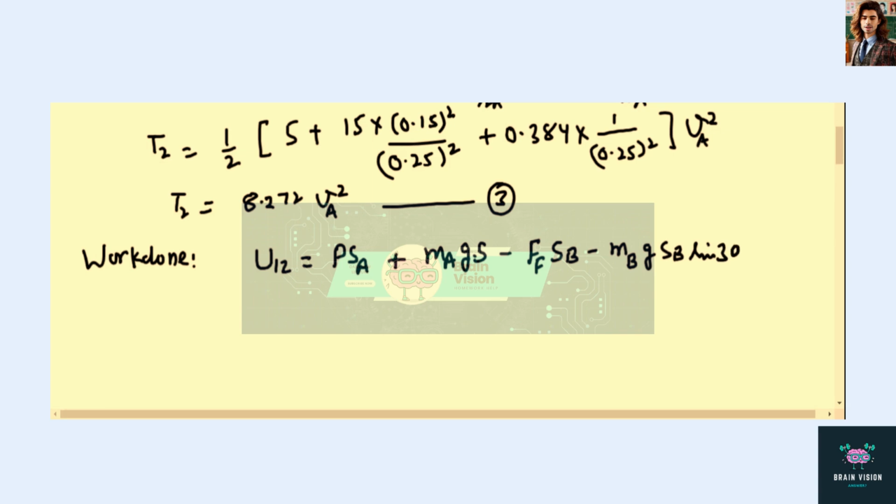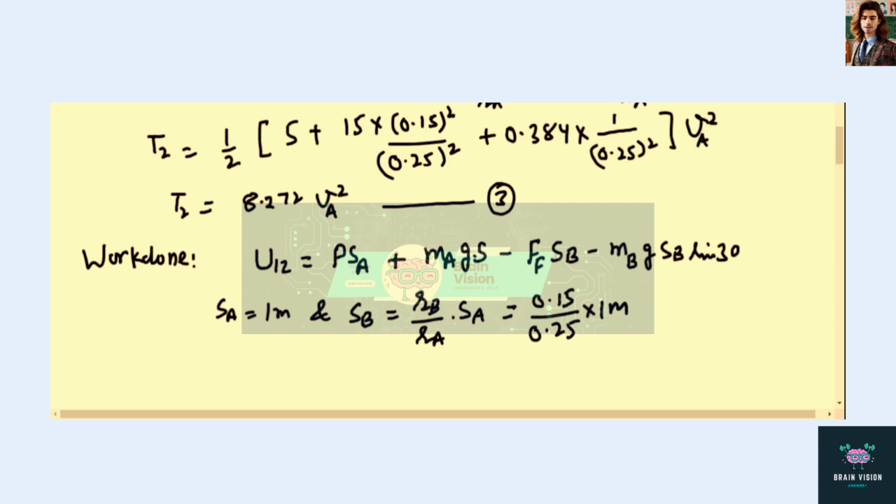Here it is given distance covered by cylinder is 1 meter. So distance covered by block B is Rv upon Ra into Sa, 15 upon 0.25 into 1 meter.